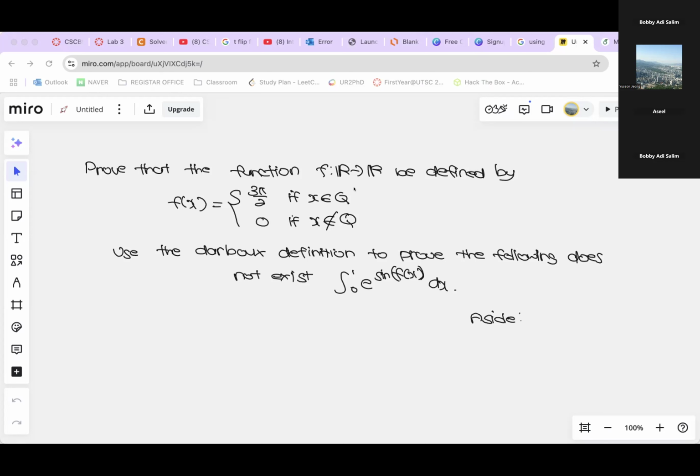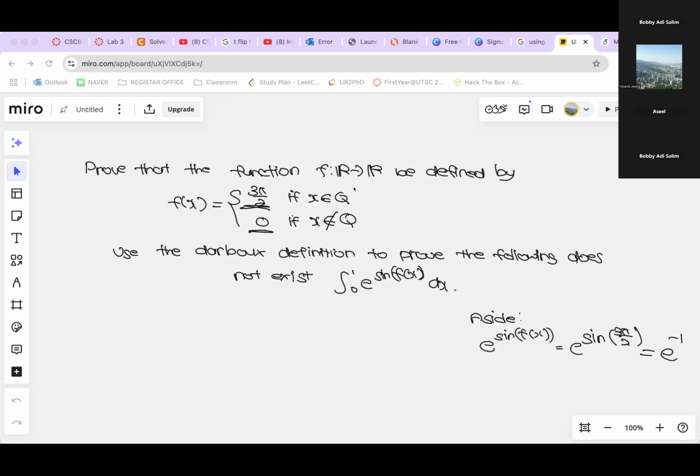There are two values over here, which are 3 pi over 2 and 0. So place e to the sine of f of x for the value of e to the sine of 3 pi over 2, and then just calculate it. It's going to be e to the sine of 3 pi over 2, which is e to the -1.